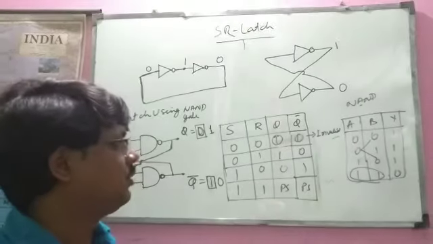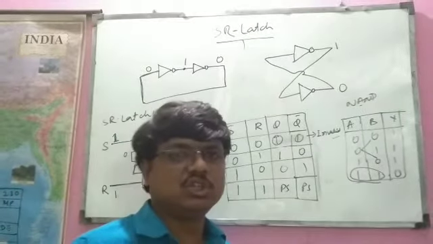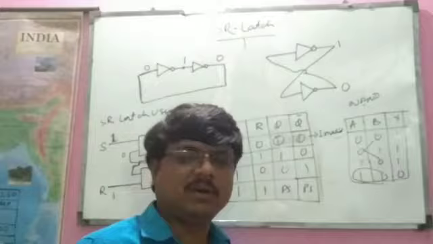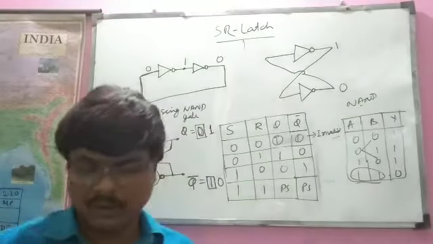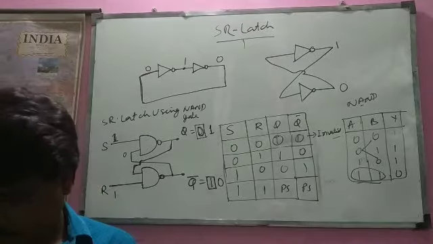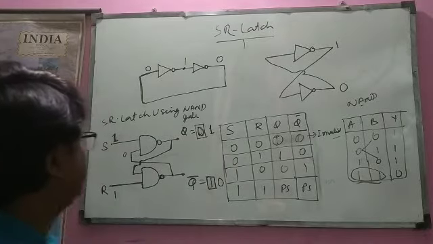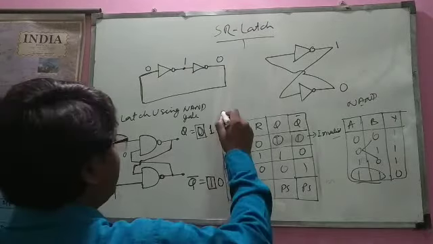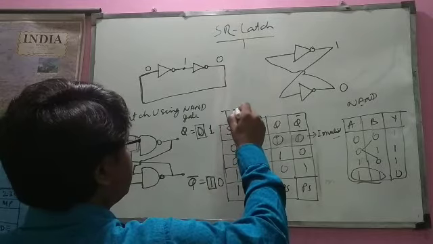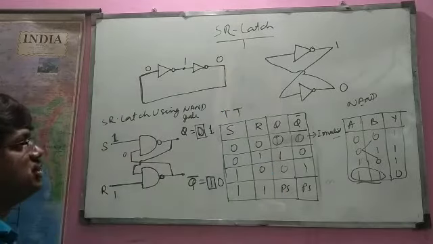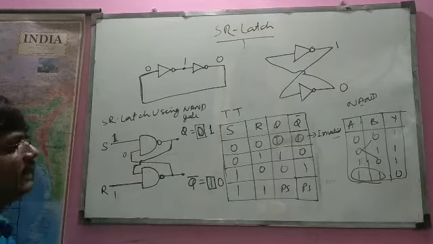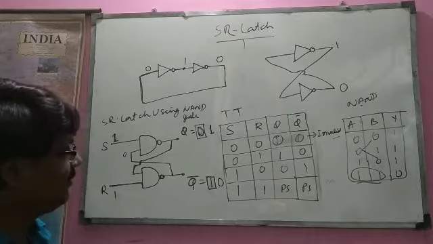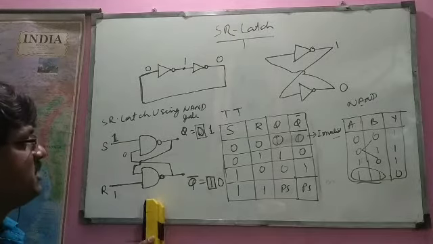If its previous state was 0, it will remain in 0 state. If the previous state was 1, it will remain in 1 state. So this is the truth table of the SR latch using NAND gate. This is nothing but the SR latch using NAND gate. So we have learned this explanation.